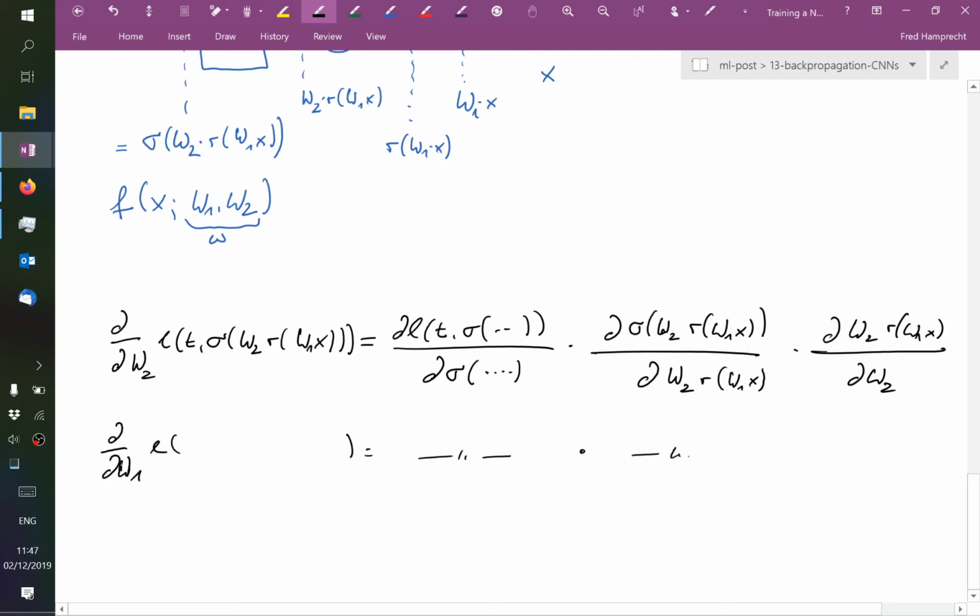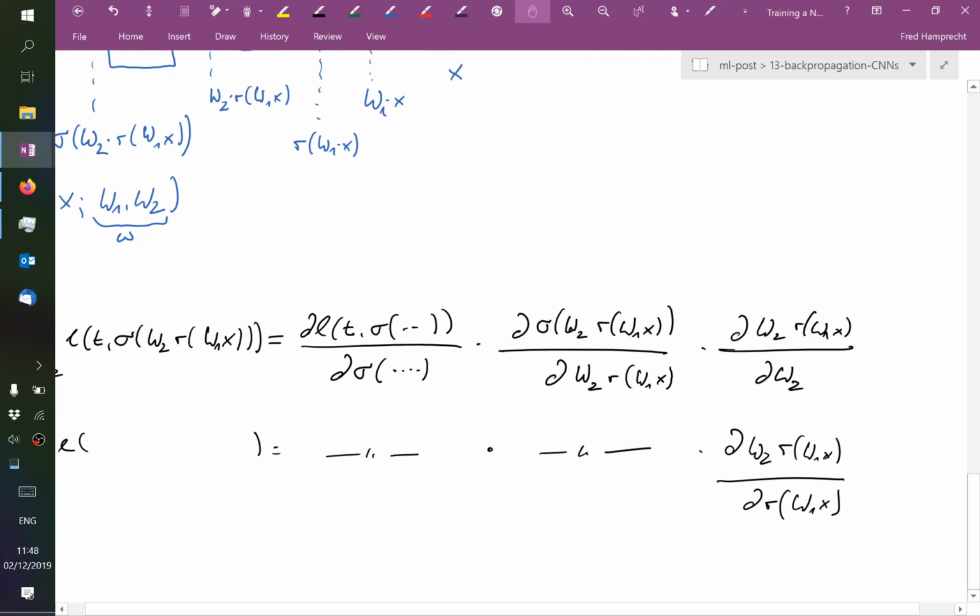This term would also be identical. And only in this term would we then start to do something different, namely, what is d W2R of W1x? Then we would ask now, what is this partial with respect to the RW1x? And then we would go on.